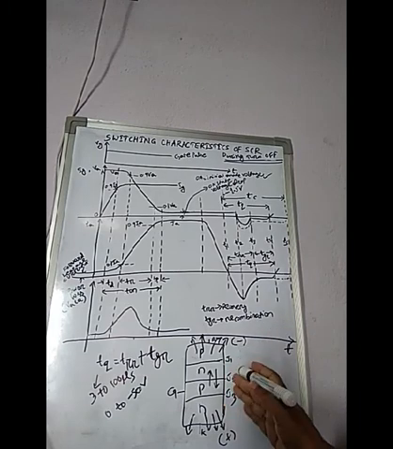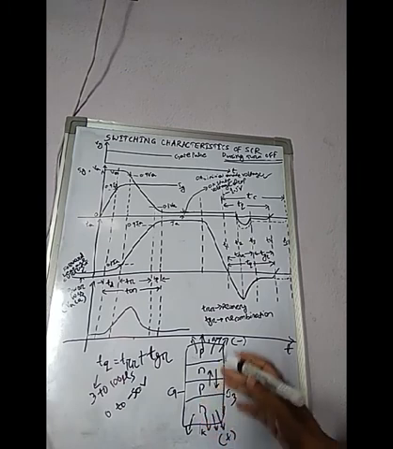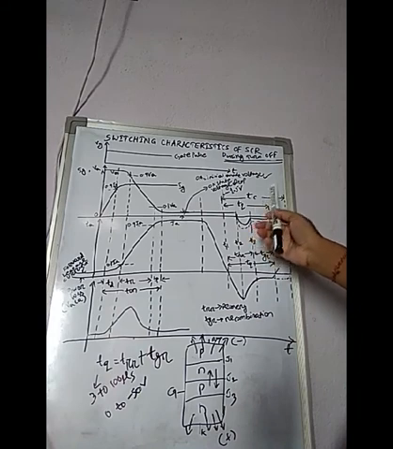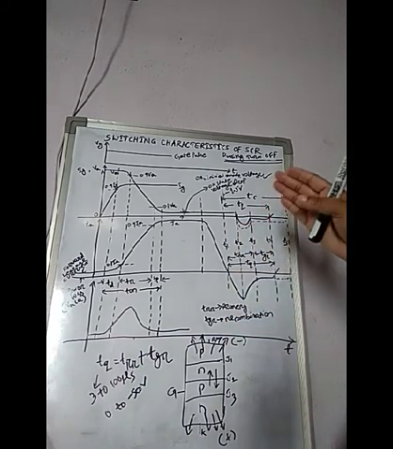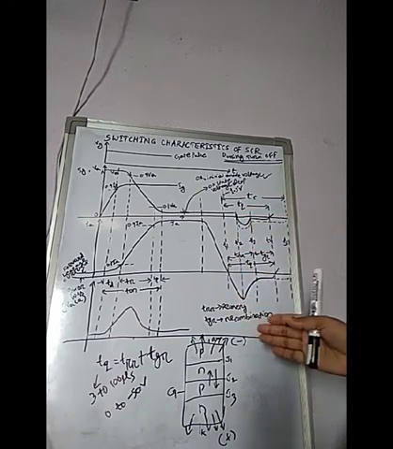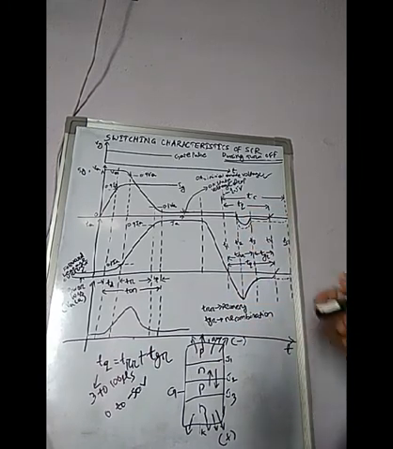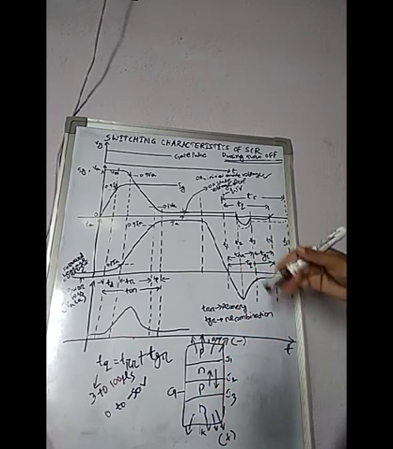The turn off time provided to the thyristor by the practical circuit is called the circuit turn off time, and it is usually greater than TQ, the thyristor turn off time.